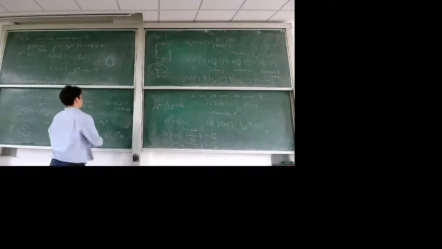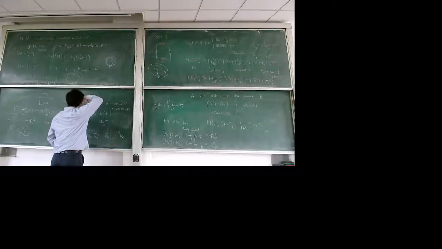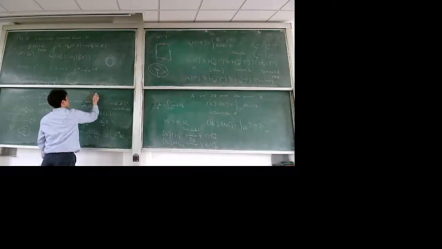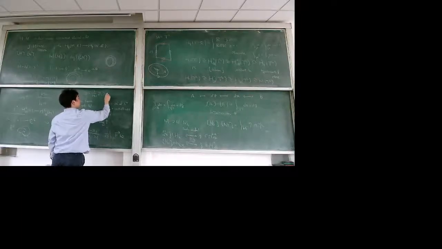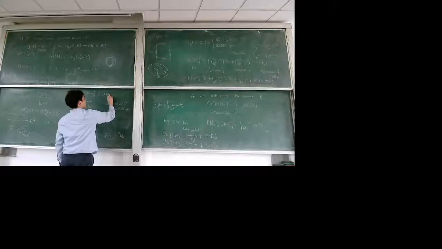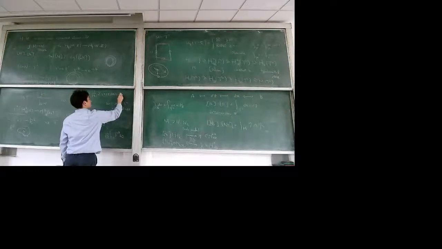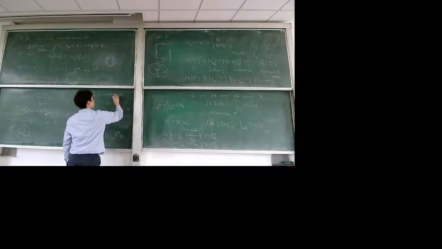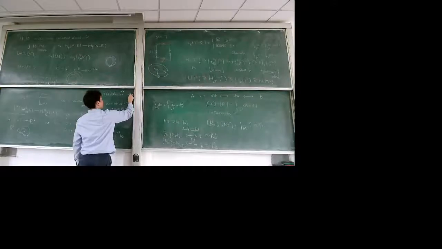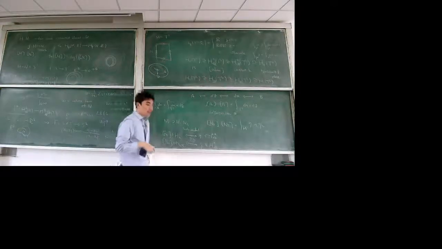So another way to write this one is the pullback of the form omega equal to 1 over x, sum of minus i, x_i, dx_1 up to dx_i, and just get rid of this one, and dx_n.